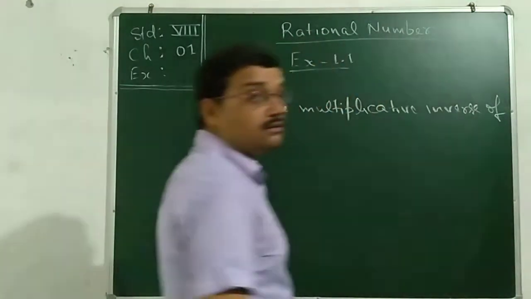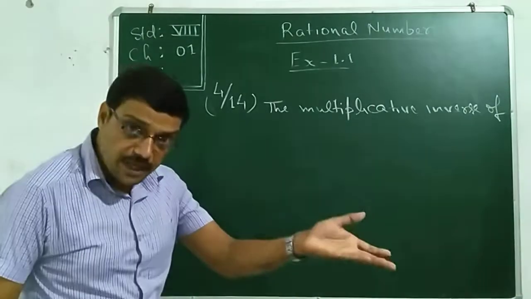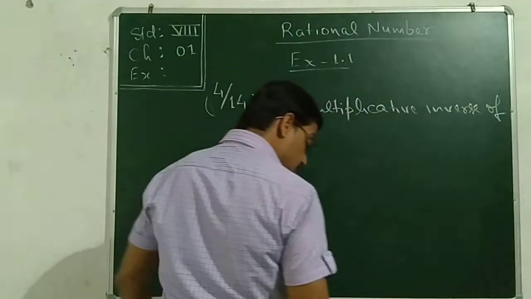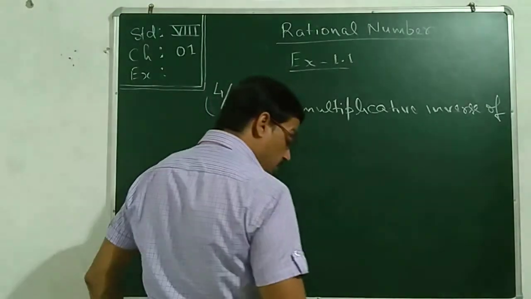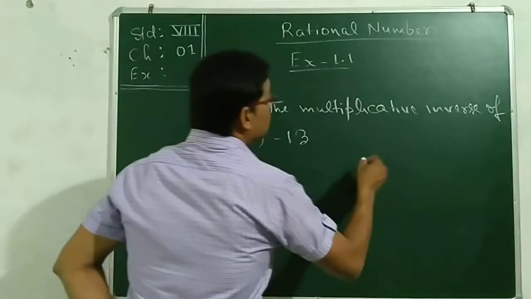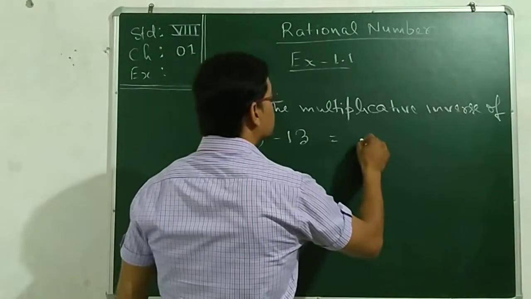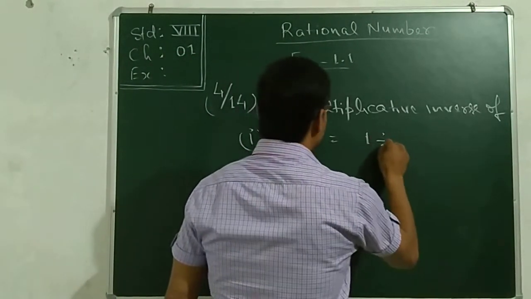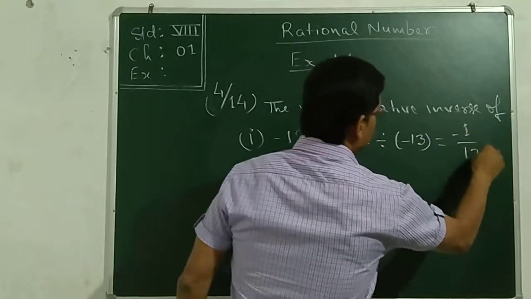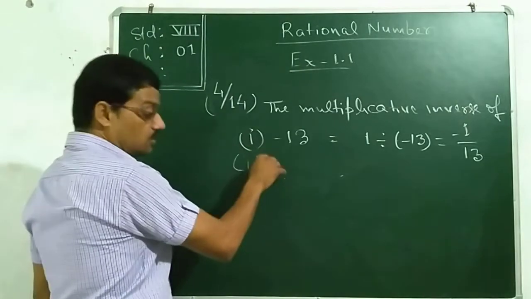How to find it: 1 will be divided by that number, and we will get the reciprocal of that number. See, the first one: multiplicative inverse is to be found for first, minus 13. Minus 13 equal to 1 divided by minus 13. So we can write it as minus 1 by 13. Clear? Similarly, you will find out others, second, third and fourth.